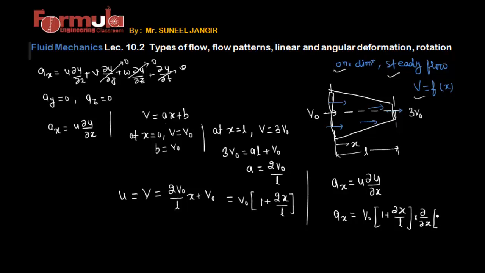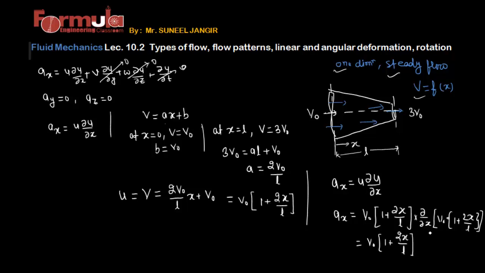So this is the partial derivative of u, which I am writing as V naught (1 plus 2x by L). This first factor remains the same because this is u here, so V naught (1 plus 2x by L).